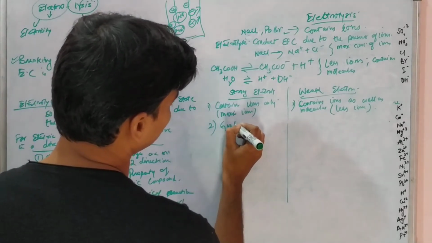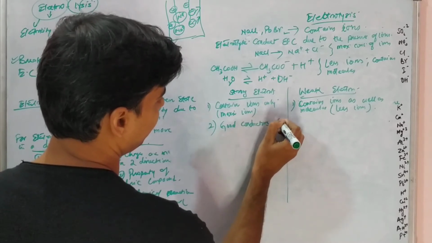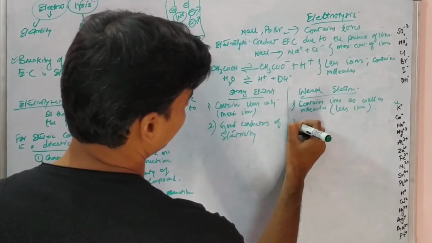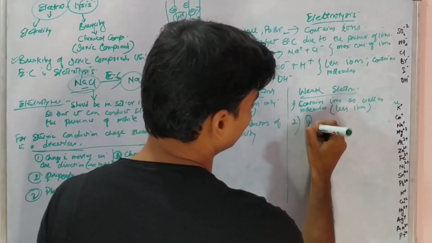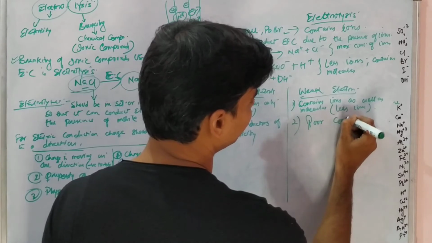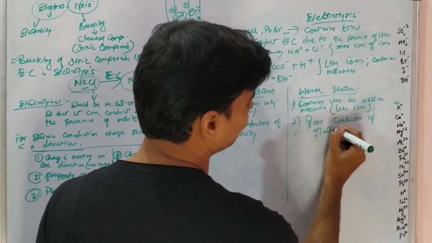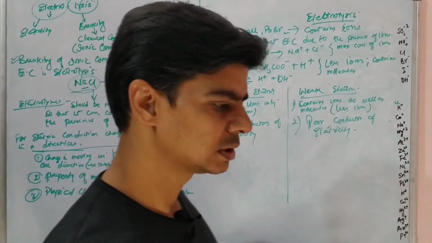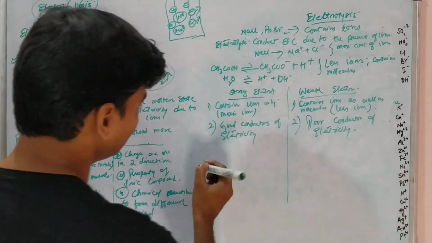So these are good conductors of electricity, right? And weak electrolytes are poor conductors of electricity. Why poor conductors? Because weak electrolytes contain molecules as well as ions, right?